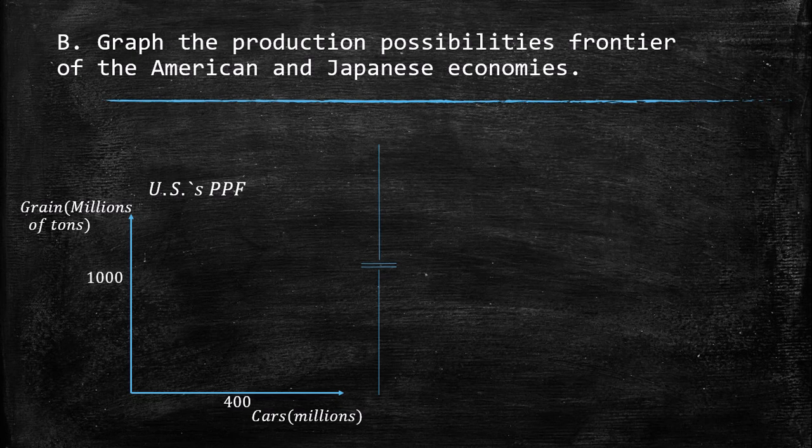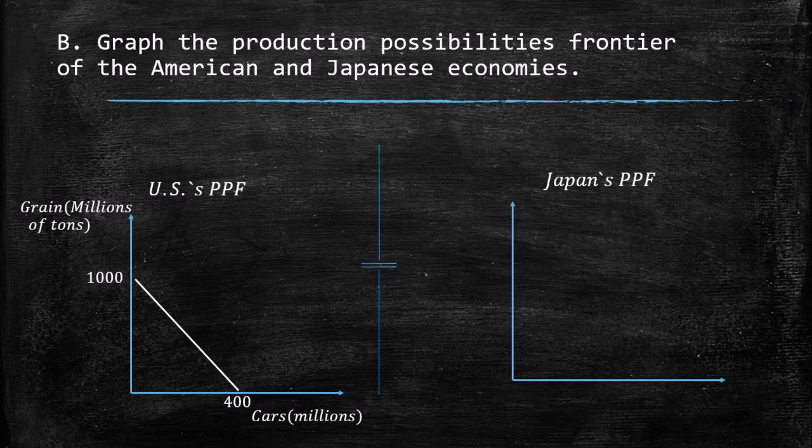On the other side, we know that per person, he or she produces 10 tons of grain per year. If we multiply this value by the quantity of workers, 100 million, it's going to be 1,000 million tons of grain per year. So this is the production possibilities frontier.